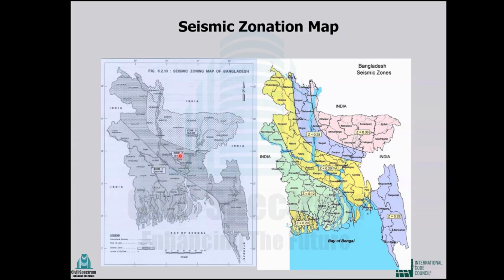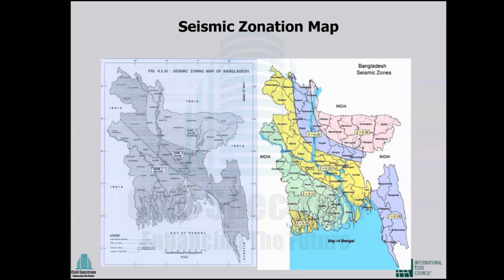And zone 2 was Dinajpur, some part of Rangpur, Rajshahi, Bogura, Dhaka, Comilla, Chittagong, and Chittagong Hill Tracts. And zone 3 was the northeastern part, so Kurigram, Sherpur, Rangpur, Mymensingh, and Greater Sylhet. So this part was zone 3, and the zone coefficients were different.